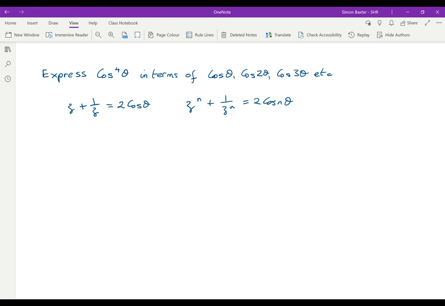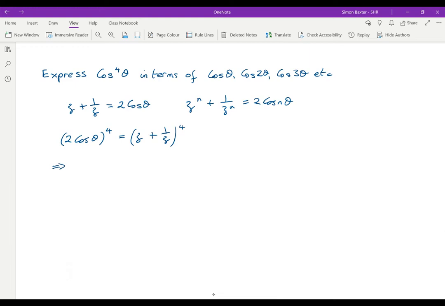Right, we want to start with cos to the power 4 theta. So taking the first of these two results, I can write that 2 cos theta to the power 4 is z plus 1 over z to the power 4.